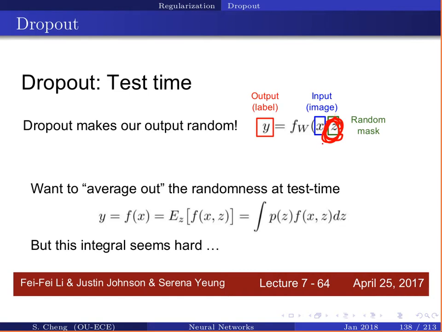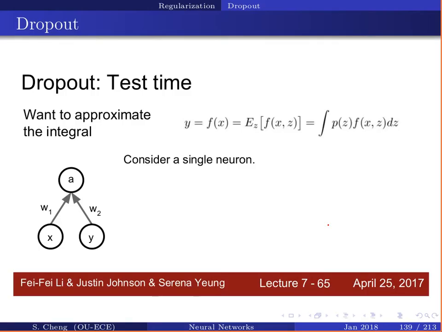Now the reasonable way to combine these models, you think, is maybe I should just average them out. So we would be doing something like an integral, or an averaging over all these models. But the problem is that will involve lots of computations and is not efficient. So in practice, we usually do not do the average.